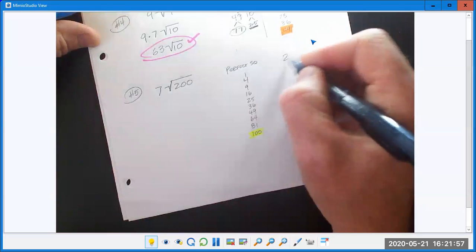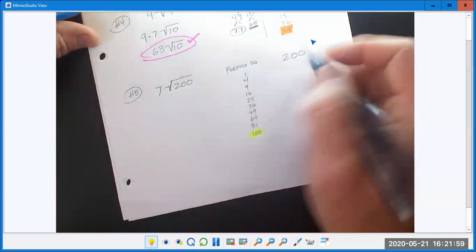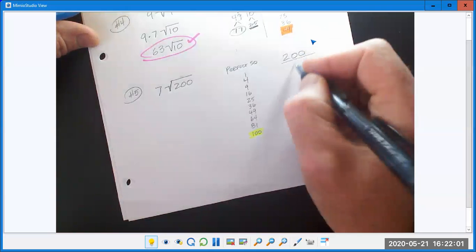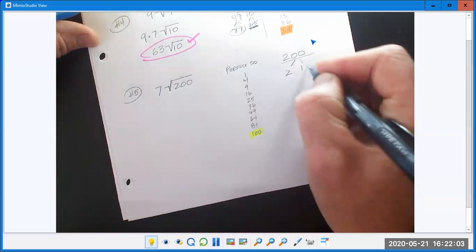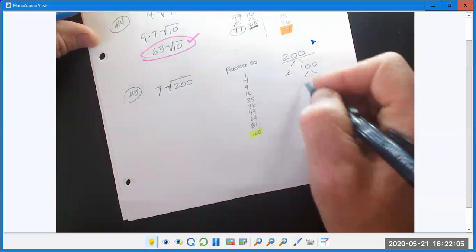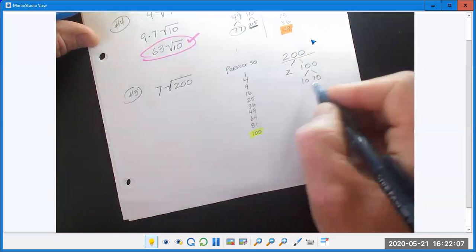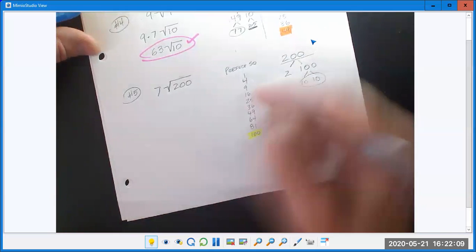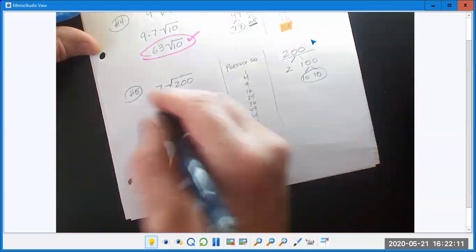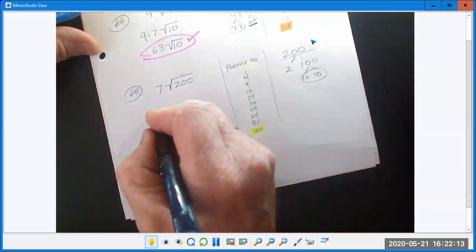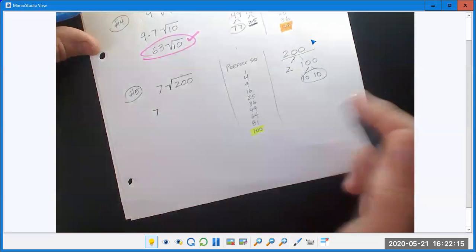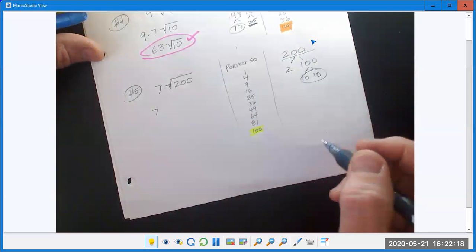When I break down my 200, I can have 2 times 100, and 100 is 10 times 10. I had an existing term outside of my radical before I factored the radical 200, which was a 7.